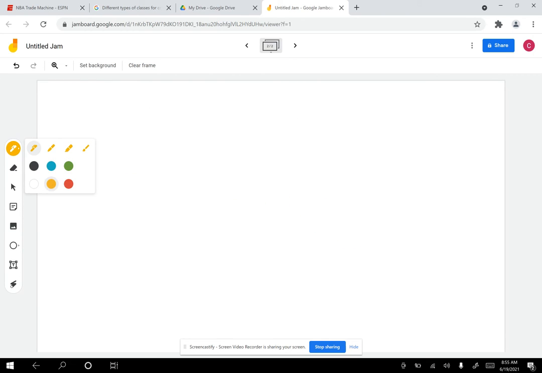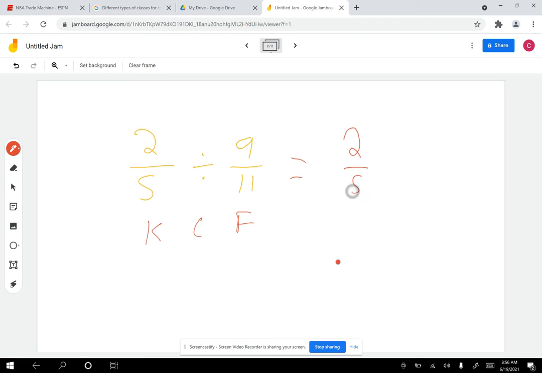If I have 2 over 5 and I divide by, let's say, 9 over 11, what I'm going to do, again, is keep, change, flip. So this is going to give me 2 over 5 times 11 over 9.